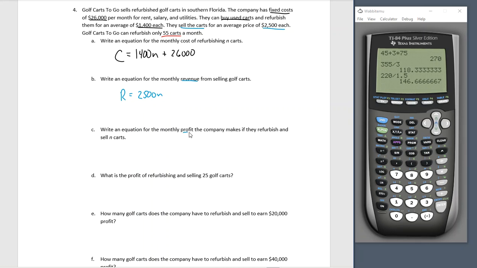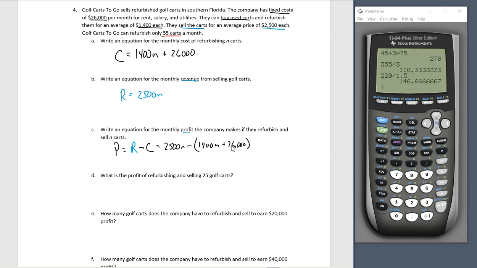Write an equation for the monthly profit. Okay, profit is revenue minus cost, and that will be our 2,500 N minus, and then since we're subtracting, we have to subtract the whole thing. 1,400 N plus 26,000.